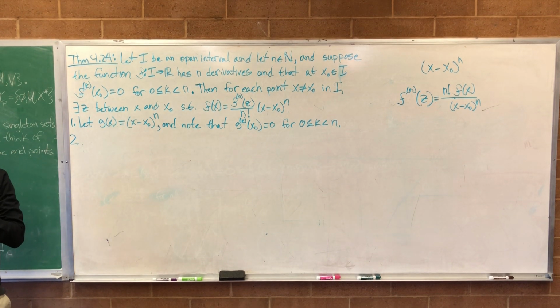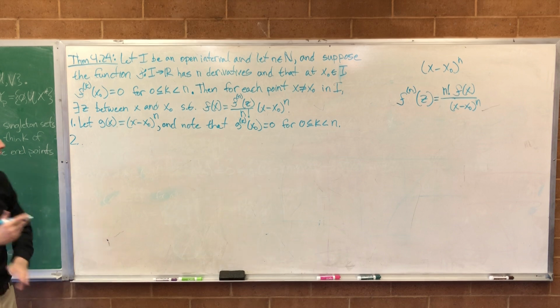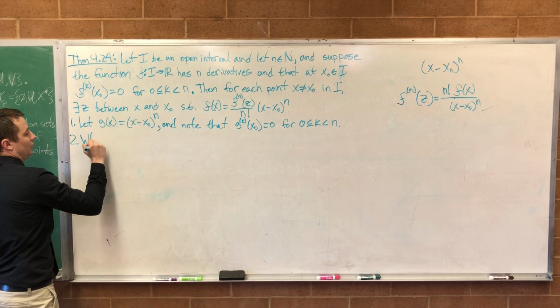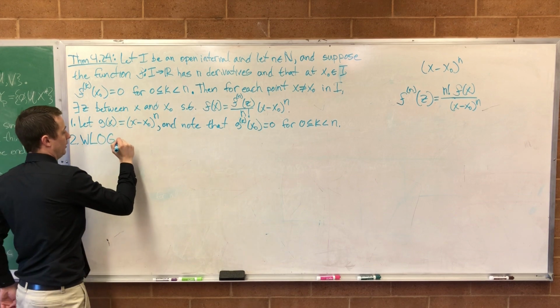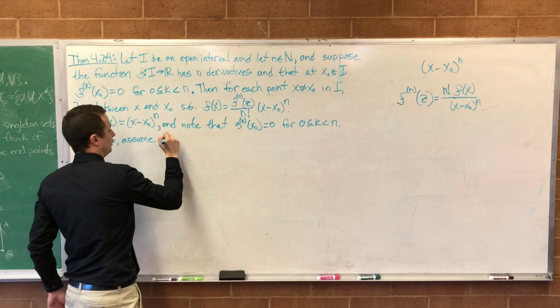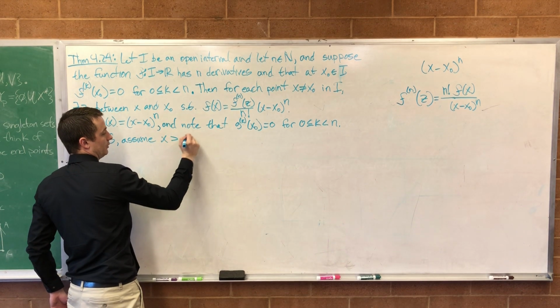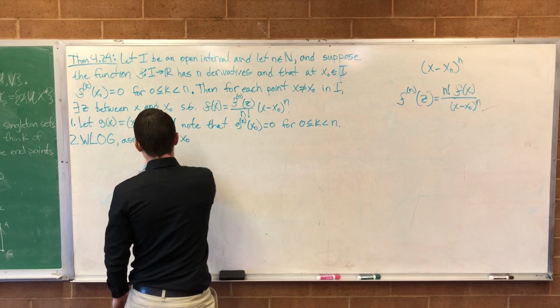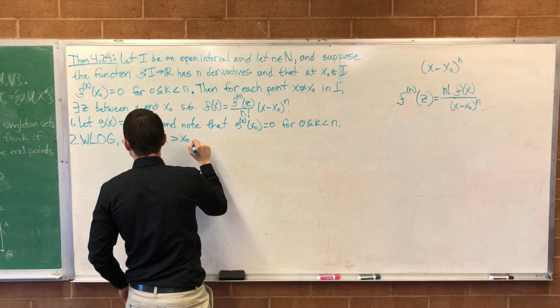So x to x naught is an interval, but we just don't know if it goes x to x naught or x naught to x. So without loss of generality, assume x is greater than x naught.